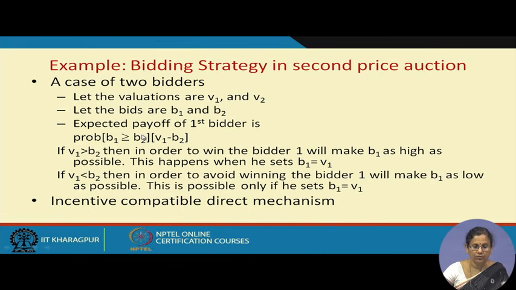So, I will try to decrease my probability of winning. So, how do I do it? I will make this 0, so that my expected payoff is 0 and I do not win and end up getting a negative payoff. So, how is it possible?